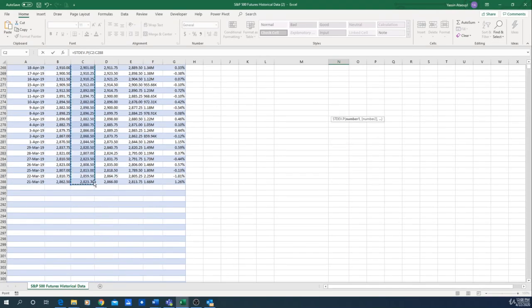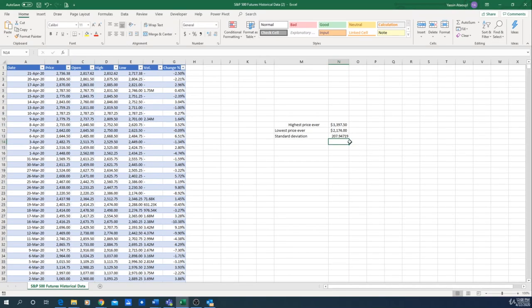And when it's done, simply click on enter. So you should have a number that looks like this. It all depends on the dates of the data that you selected. But normally you should have a standard deviation of around $207.